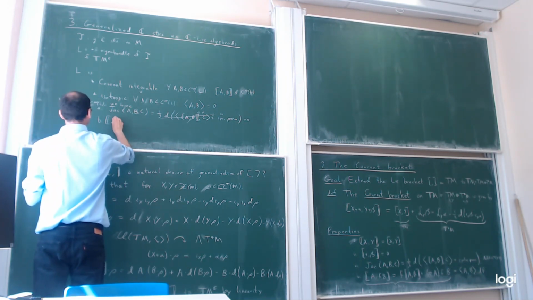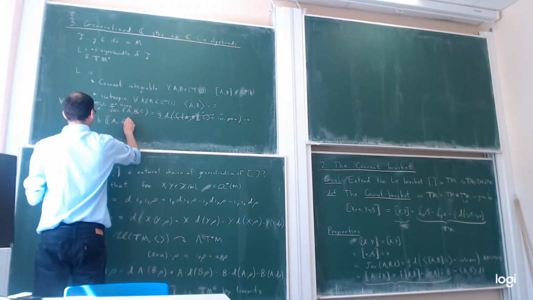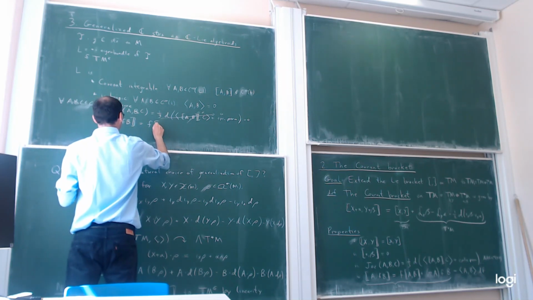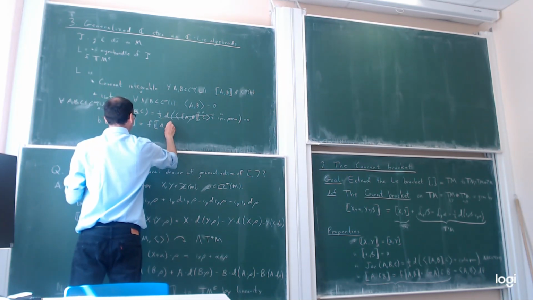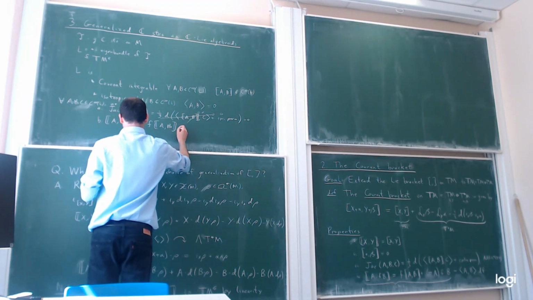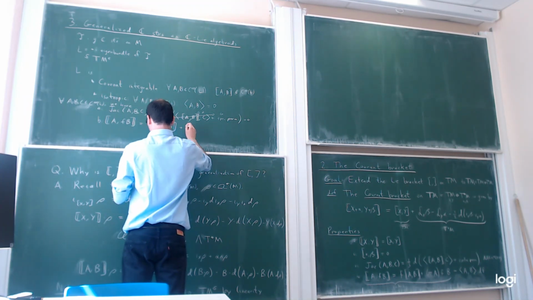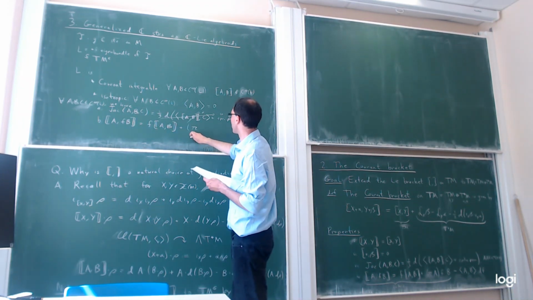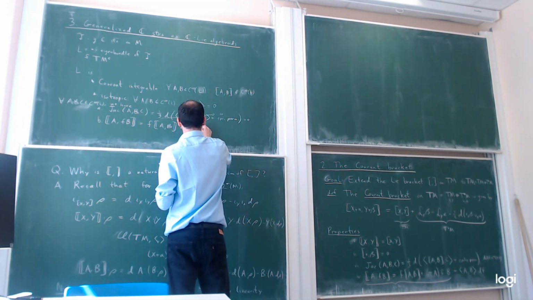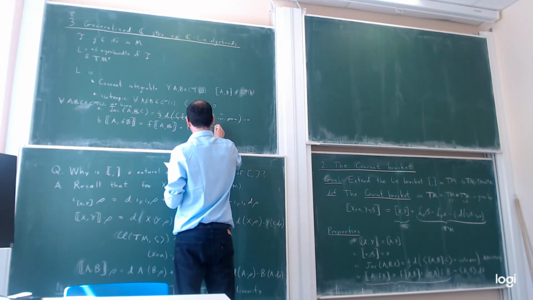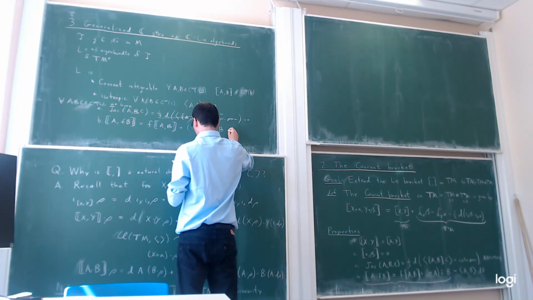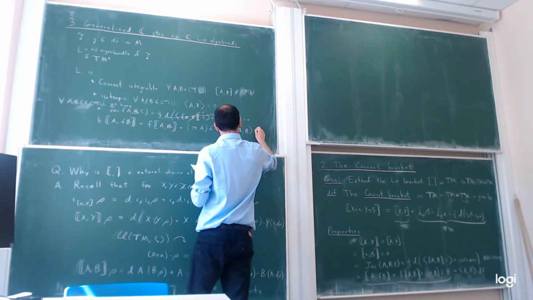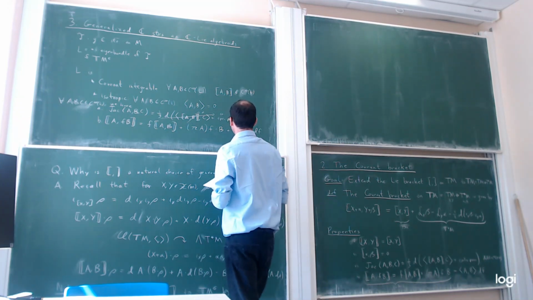We have the Courant bracket of A and fB is equal to f scaling the Courant bracket of A and B, plus the tangent component of A applied to f, scaling B, and then plus the canonical pairing of A and B scaling the exterior derivative of f.